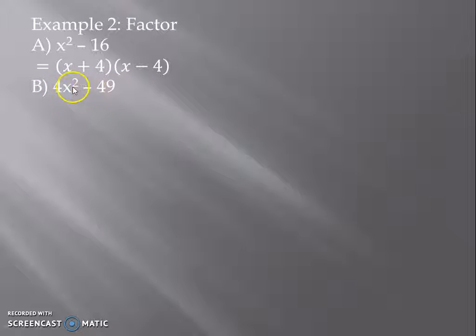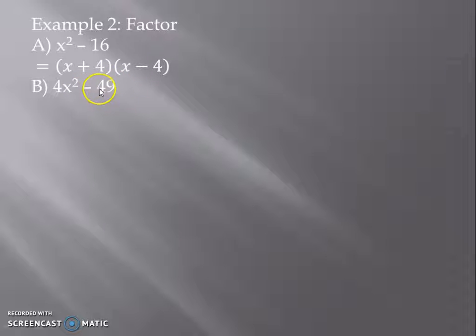Seems a bit harder. Well, it's actually not hard at all. It's basically what we do up here. So we know that we have a 4x squared. Well, we know that 2x times 2x makes 4x squared. But what makes negative 49? Well, since 49 is a perfect square, we know that 7 times 7 equals 49.